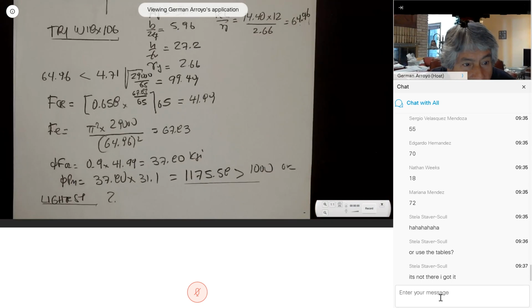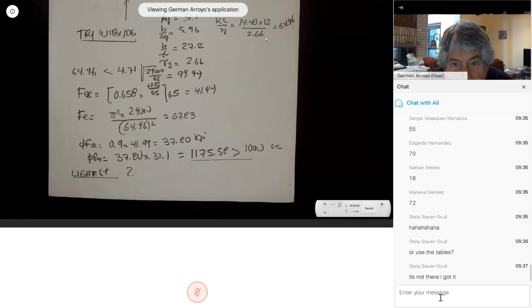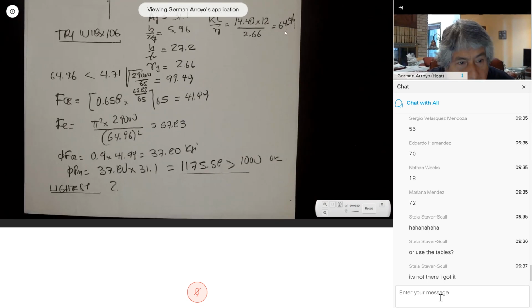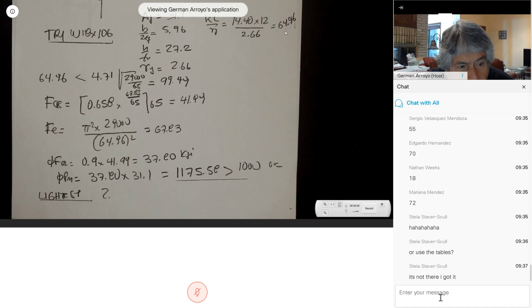So since 64.96, that is K over RY, this is more than 4.71, 29,065. This is inelastic, but this is the equation in chapter E. This is the Euler equation, pi squared 29,000 K over R, 6783.